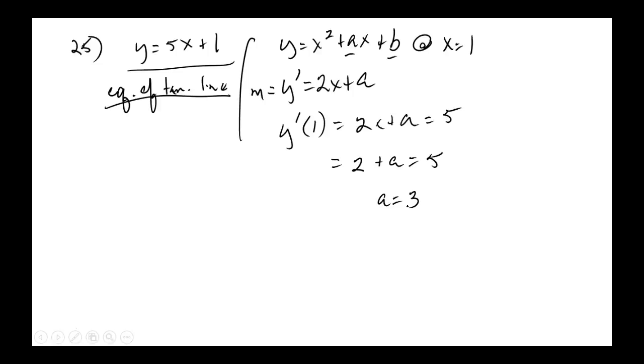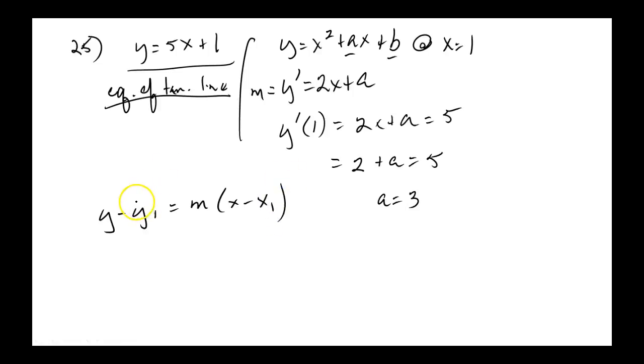Now we can solve for b. Let's do our y minus y1 is equal to m times x minus x1, like you said.